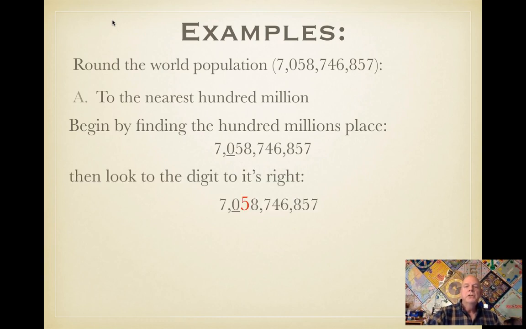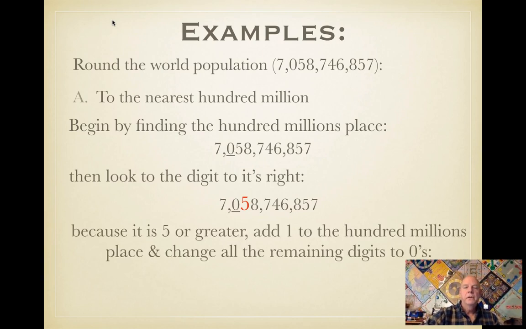The digit to the right, I've put in red here, is a 5. That's the one we care about to determine whether the 0 goes up or stays the same. Because it is a 5 or greater, if it was a 5, 6, 7, 8, or 9, that means we add 1 to the place that we're caring about, the 100 millions place, or the 0.